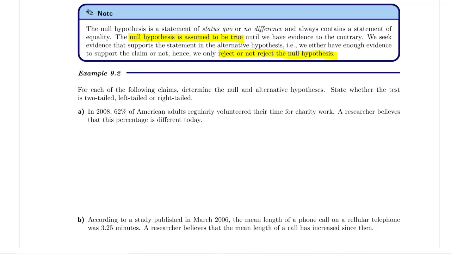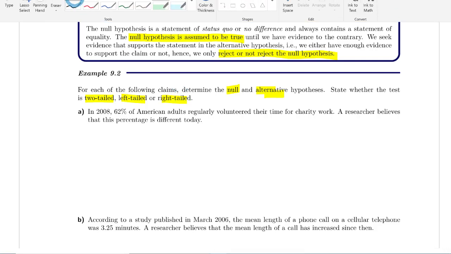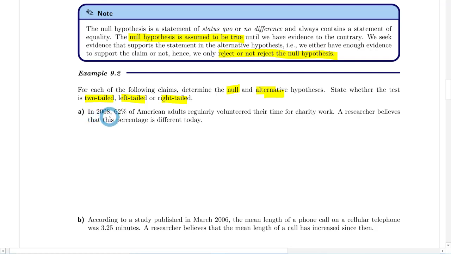Okay, so for each of the following claims, determine the null and alternative and state whether the test is two-tailed, left-tailed, or right-tailed. That's pretty simple. Let's go ahead and read and see if we can find any red flags. In 2008, 62% of American adults regularly volunteered for charity work. A researcher believes this percentage is different today.